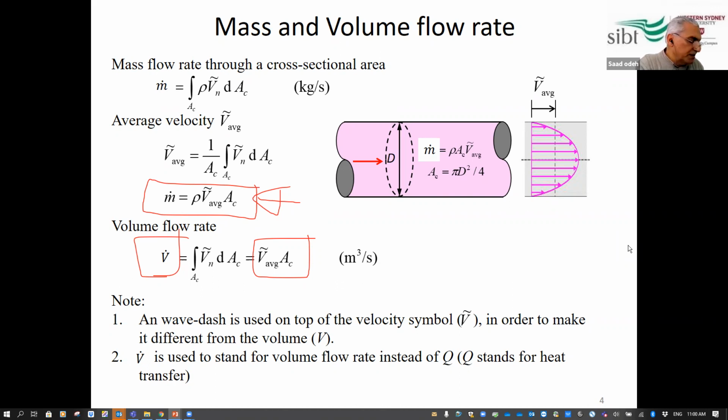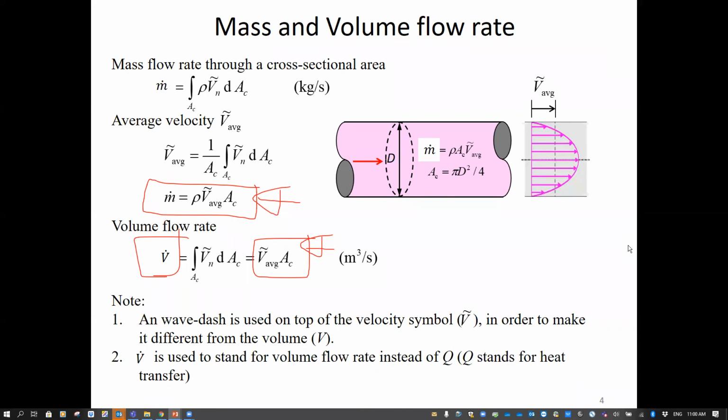So it's really quite simple. So just remember these two, please. The mass flow rate is density multiplied by average velocity multiplied by Ac, and volume flow rate is average velocity multiplied by Ac.